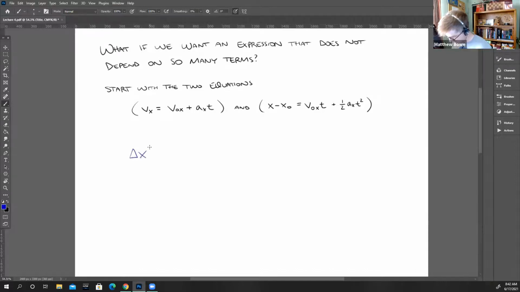We're solving for x, and we're plugging one equation into the other one.